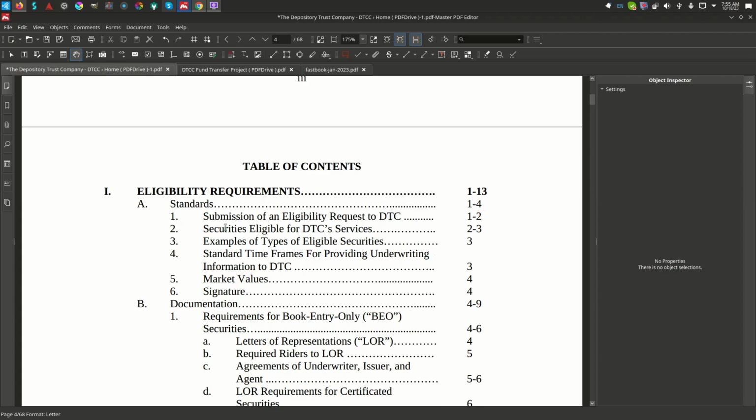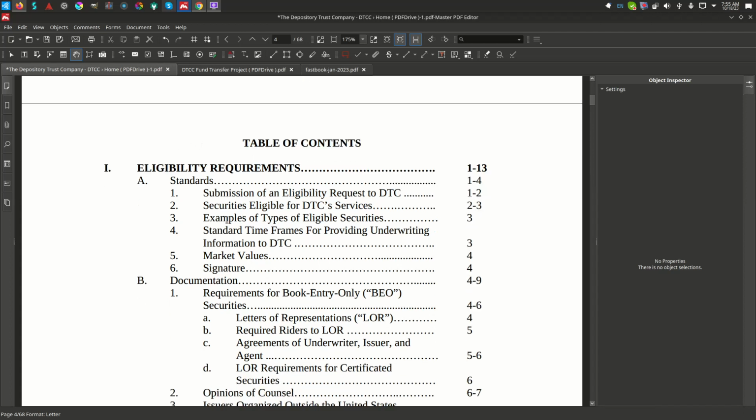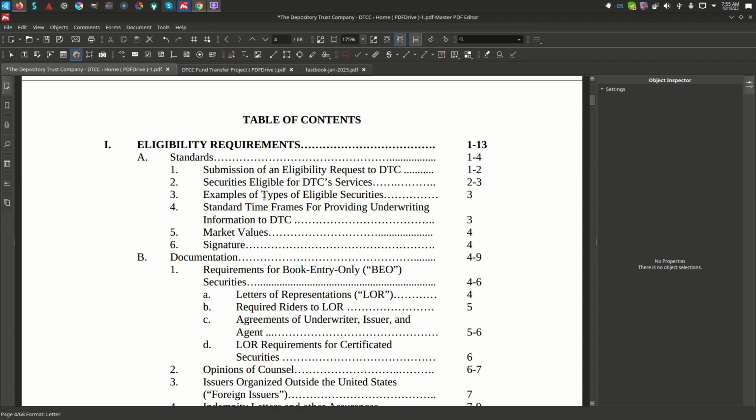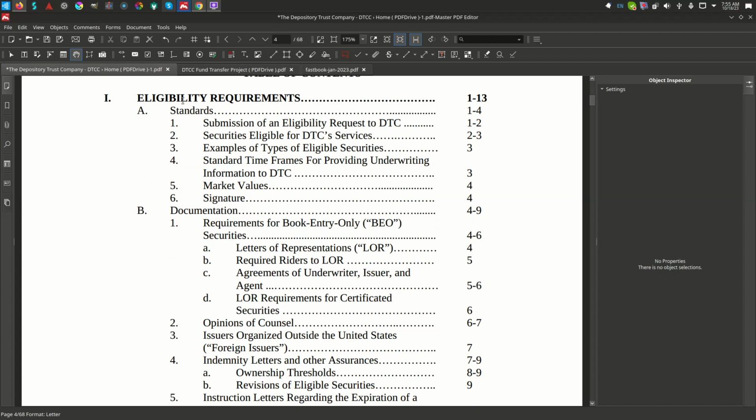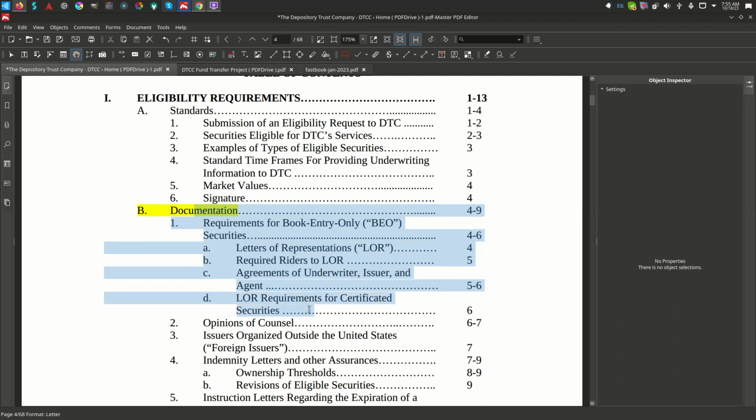I want you to look at the table of contents, the eligibility requirements. As you look through the eligibility requirements, we come to the standards and documentation. Those of you that are compliance officers, you should be really interested in this section right here. You should really be interested in all of this.